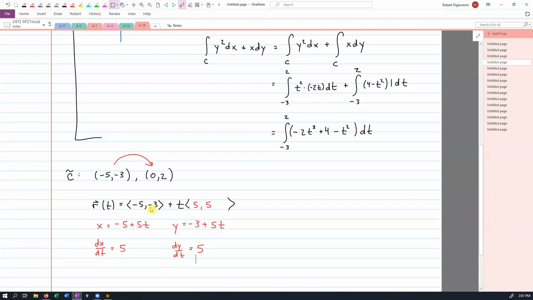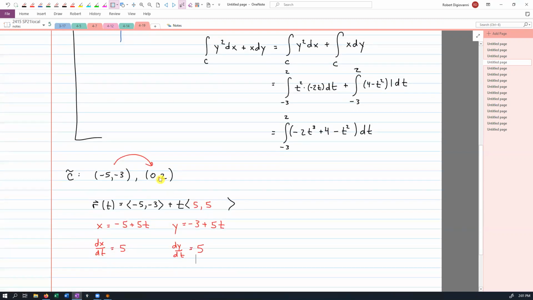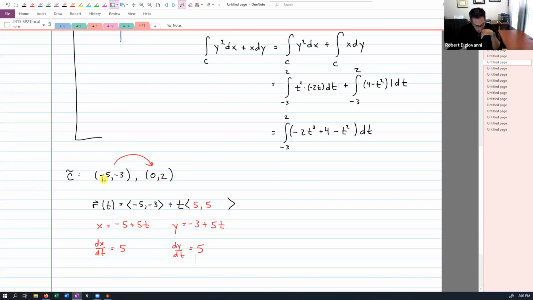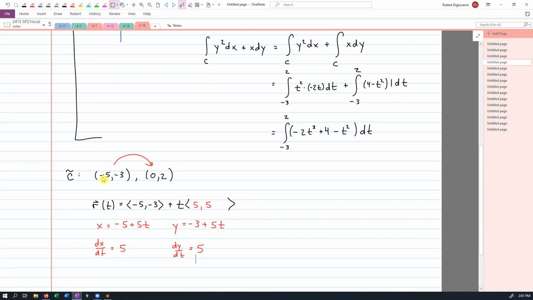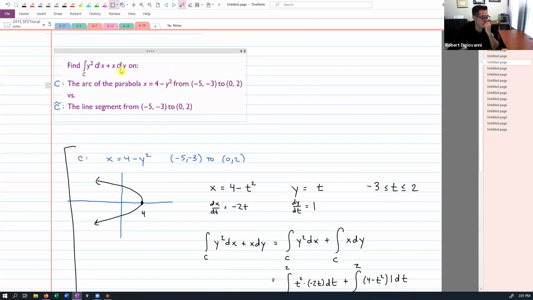Because if we would go from 0, 2 to -5, -3, the other way, then we would be going backwards on the curve, which means our answer would differ from going this direction by just a sign. But that's only because these are with respect to x and y. If this would have been with respect to arc length, there would be no change in the sign. Okay.